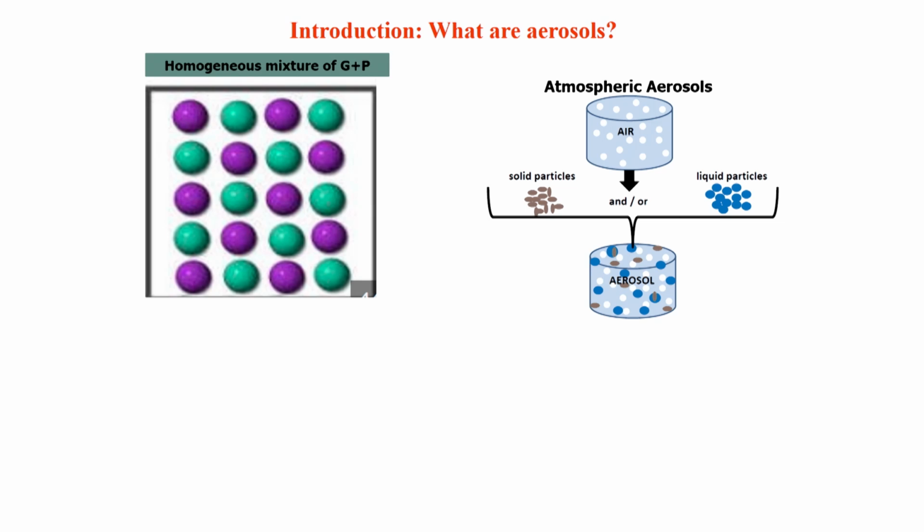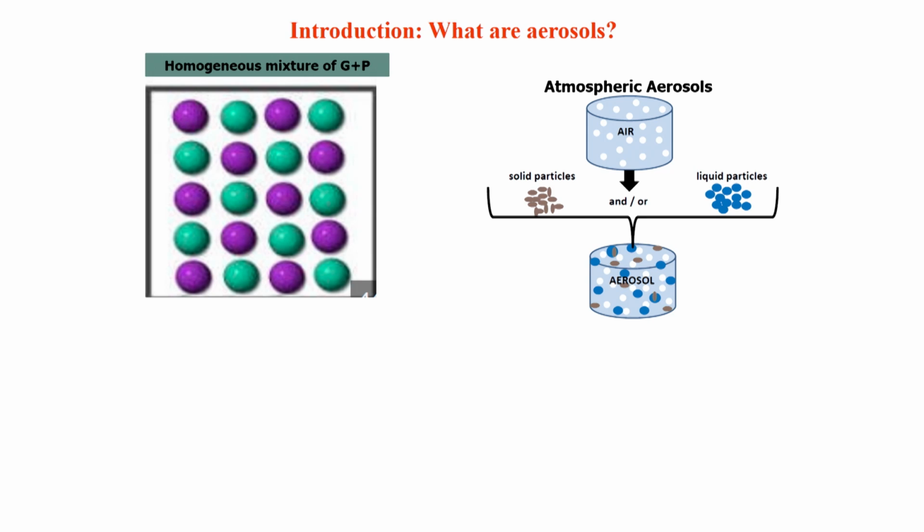The second thing is that air is a kind of dispersion medium in which all the particulate things are suspended. If we are talking about the Earth's atmosphere, then it is generally called atmospheric aerosols. This is very important. When we say aerosol, aerosol could be anywhere.